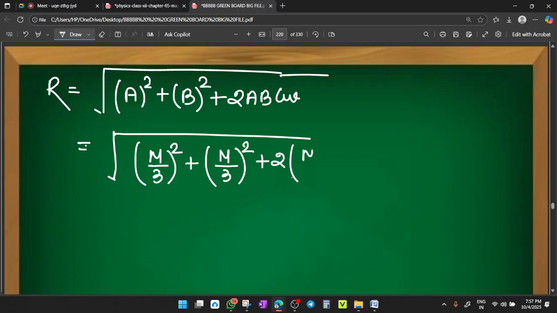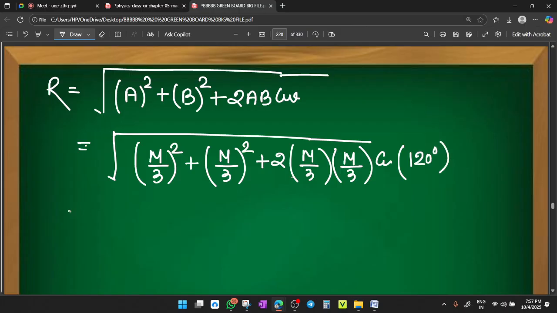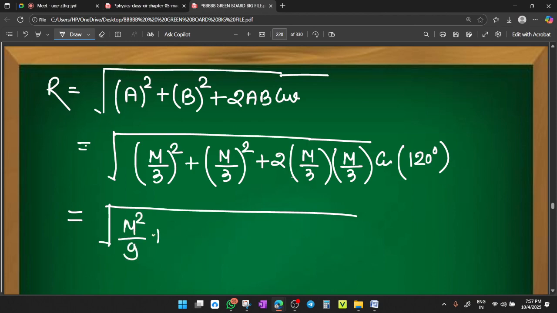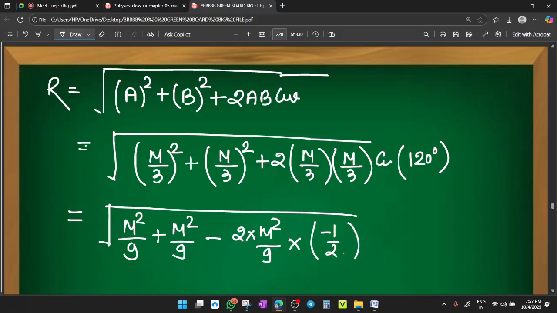So R equals m by 3 whole square, that is m square by 9, plus m square by 9, plus 2 multiplied by m square by 9 into cos 120 degrees, and cos 120 degrees equals minus 1 by 2.